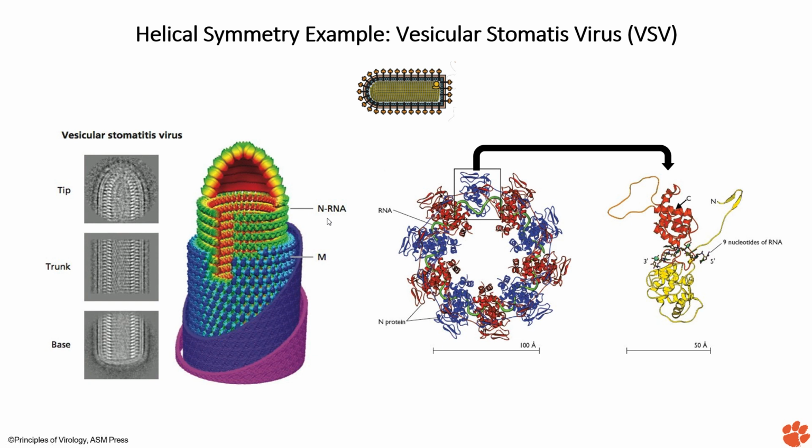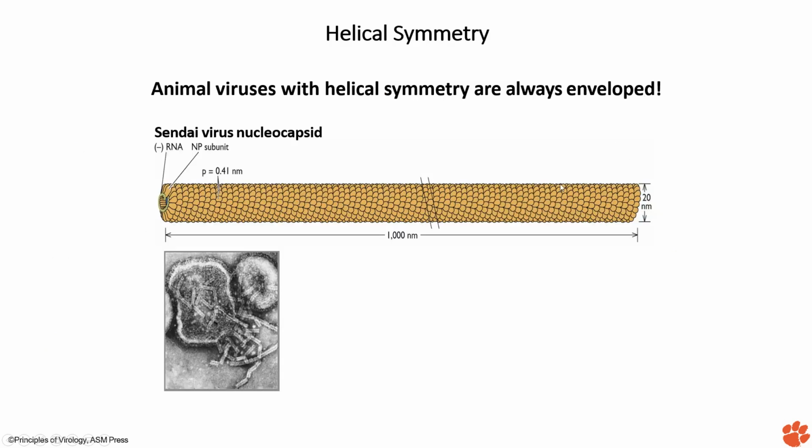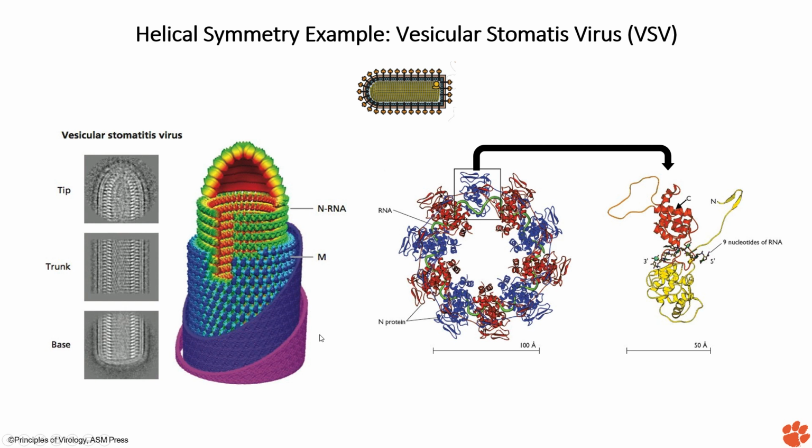It is the RNA enwrapped with the N protein. That is your nRNA. Now, for many viruses, say for Sendai virus, if you look at this structure, this is the nucleocapsid which is put into the envelope. There is nothing in between, that's perfectly fine. So you just put it in there. Here, it's a little bit different.